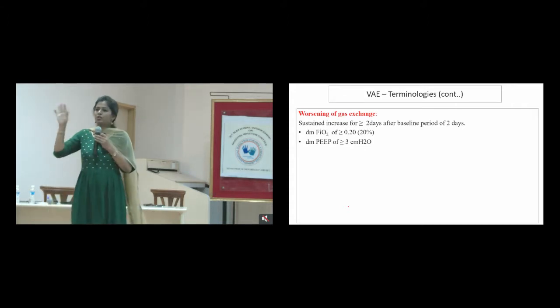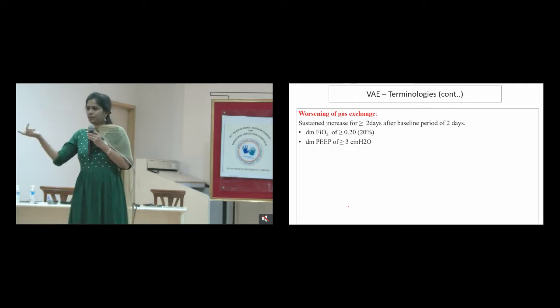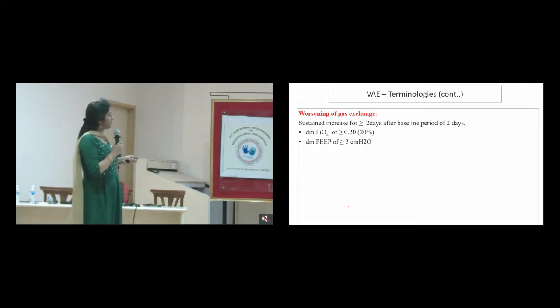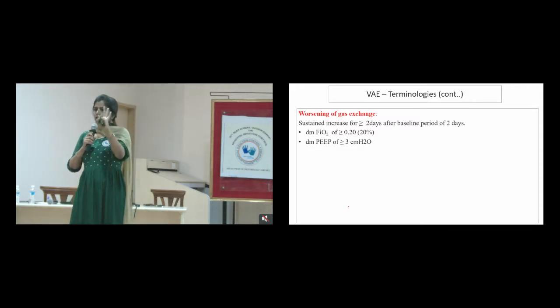You all understood what PEEP and FiO2 are. For FiO2, you should have a jump of 0.2 or 20% or more. For PEEP, you should have a jump of at least 3 values. So the definition of VAC is 2 days of baseline where your values are the same or reducing, followed by 2 days of worsening of gas exchange.